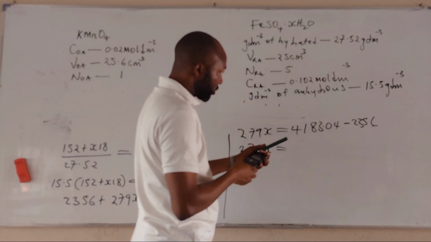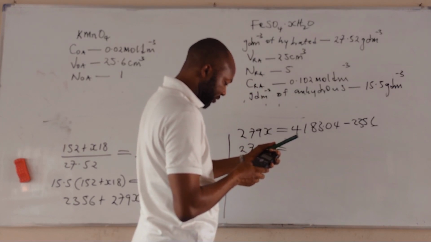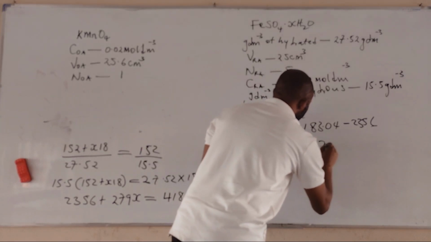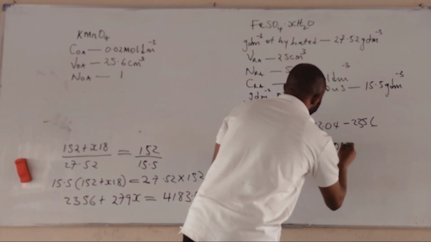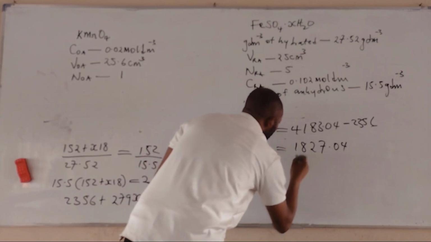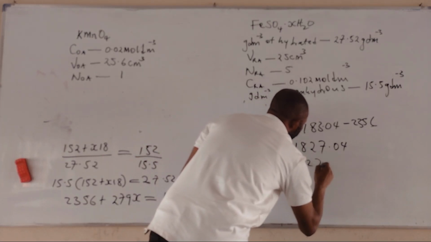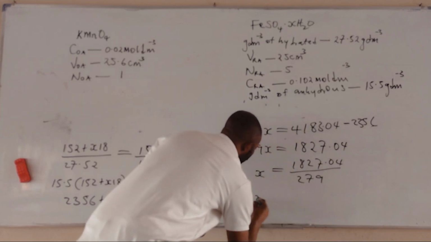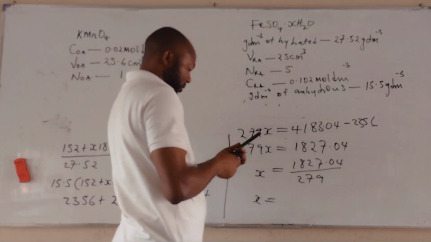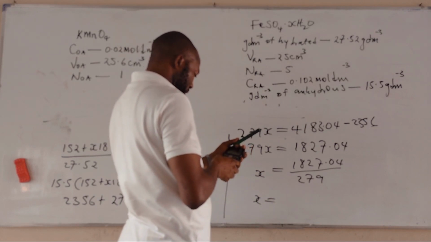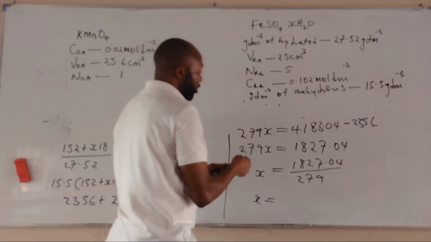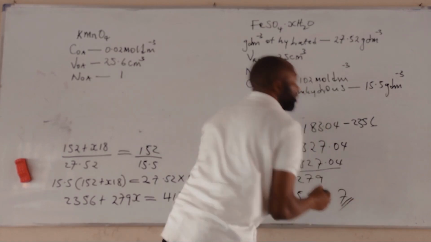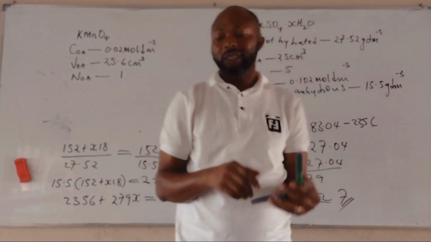That is 1827.04. Now, X is equal to 1827.04 divided by 279, and my X is equal to 6.5, which is approximately 7. So my X is 7.